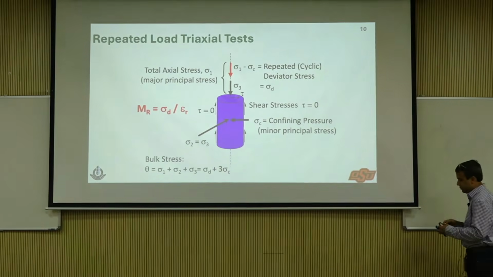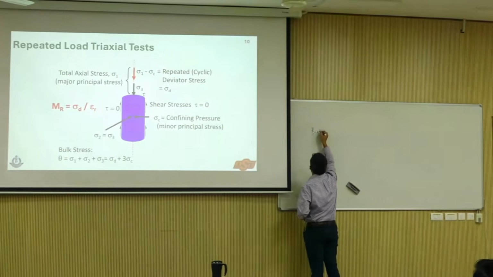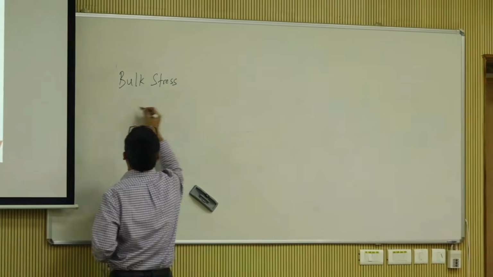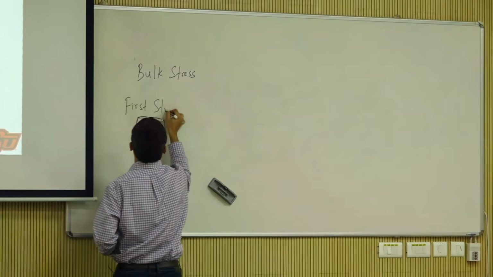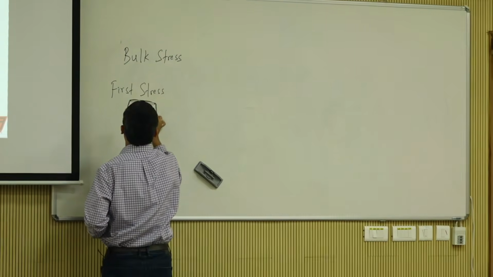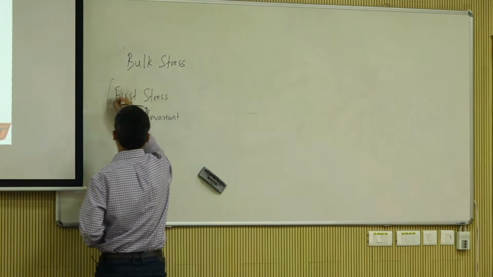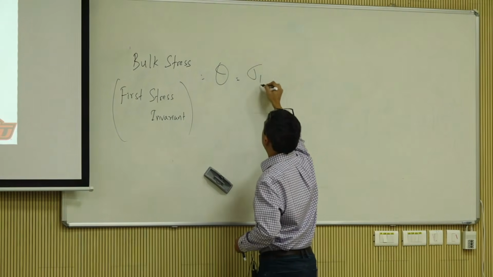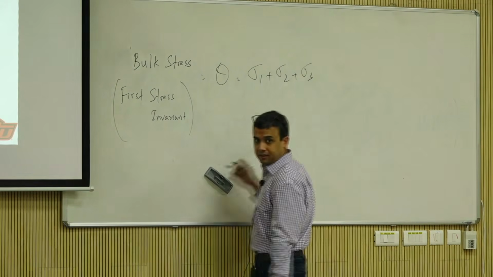Okay, so it's bulk stress. If you go into mechanics, it is also called the first stress invariant. That's theta, that is equal to sigma 1 plus sigma 2 plus sigma 3.